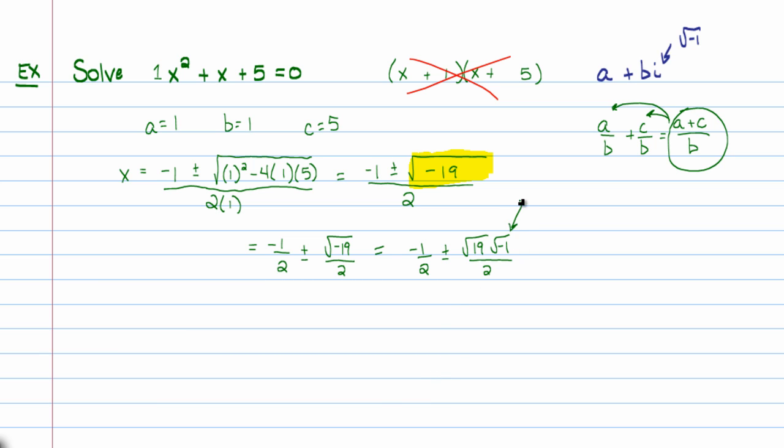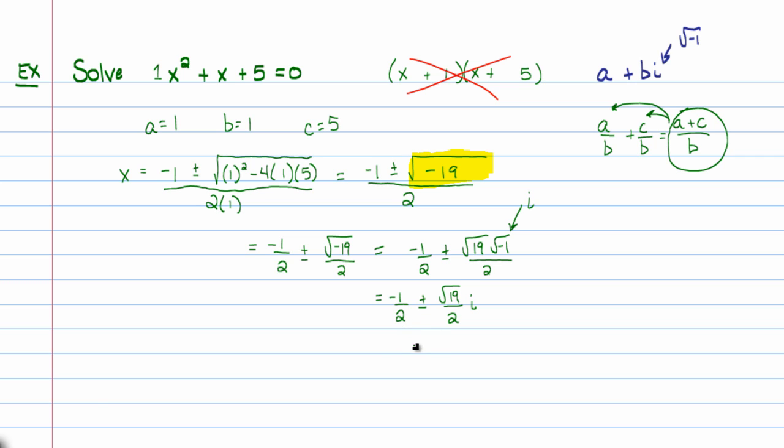But now I know the square root of -1, that's just i. So this can be written finally as -1/2 plus or minus root 19 over 2, and that's being multiplied by i. That is written in complex number format.